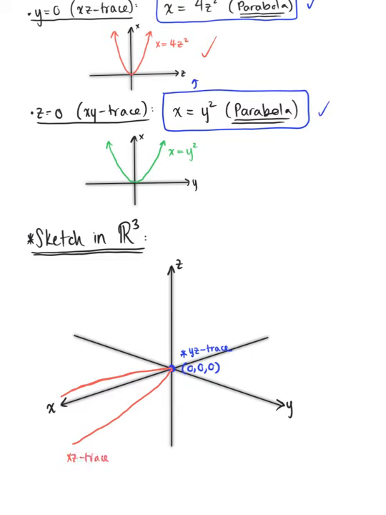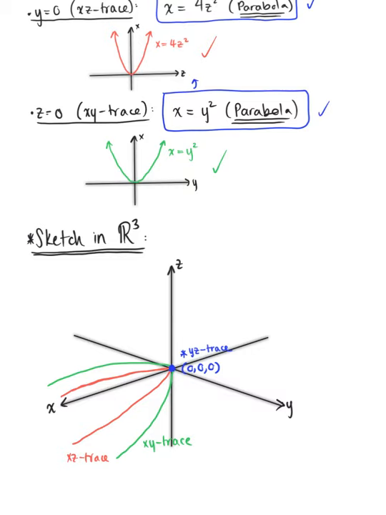And we also observe that when z is 0, this trace, the xy trace, is also a parabola. And so let's sketch this one. So here is our xy trace, which is another parabola.